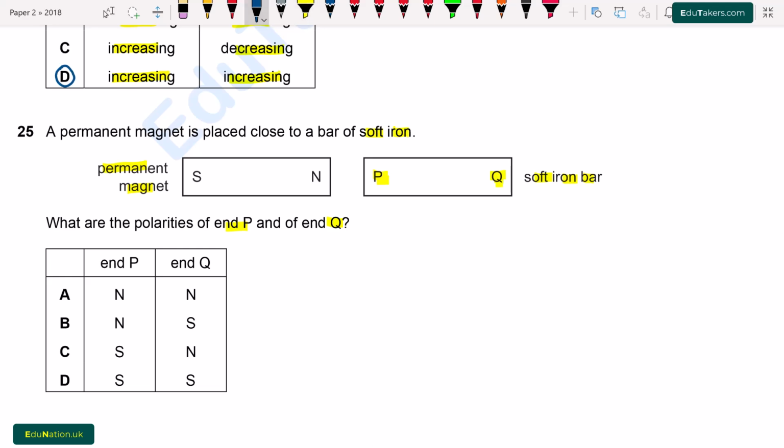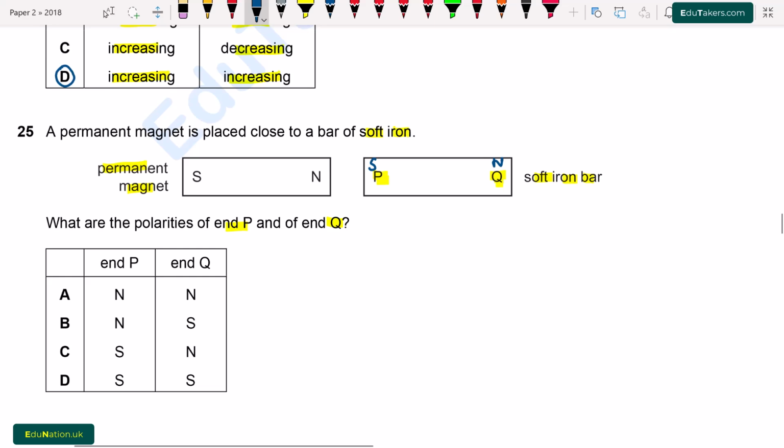We know that when the permanent magnet is close to the soft iron bar, there will be attraction between them. And we know that similar poles repel each other while opposite poles attract each other. When there is an attraction, the P pole must be south while the Q must be north, so that there is attraction between them and the permanent magnet is placed close to the soft iron bar.